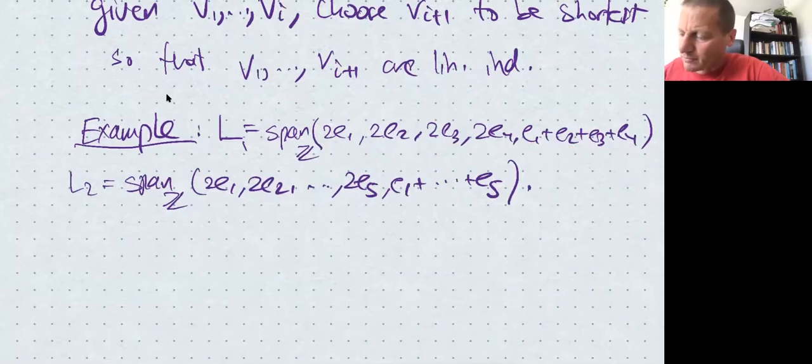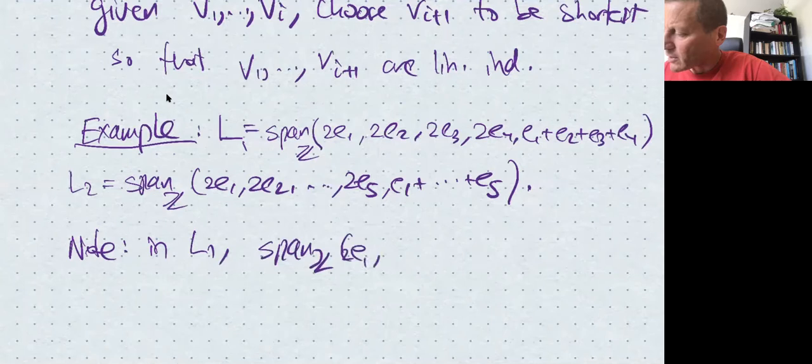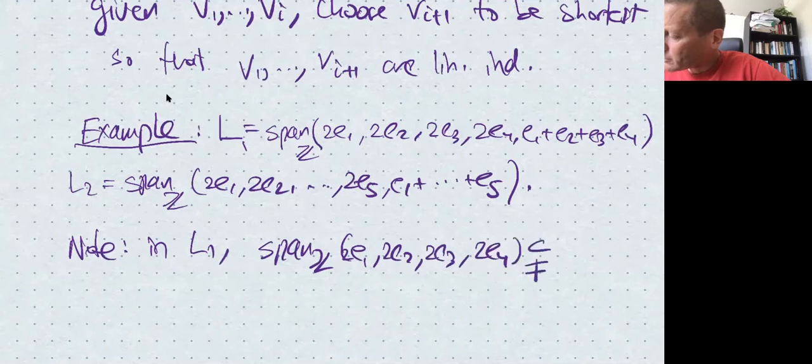So note that in L1, the span over Z of 2E1, 2E2, 2E3, 2E4 is a proper sublattice.